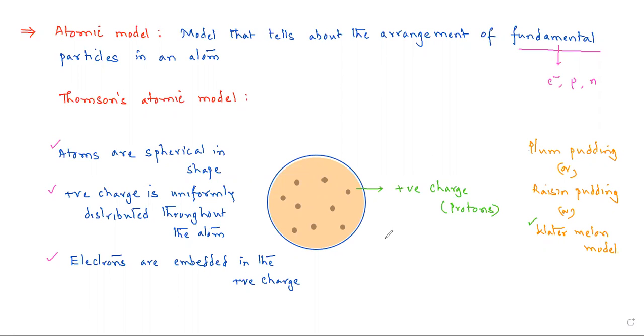So you can visualize it as a watermelon in which the red material is the thoroughly distributed positive charge in which the electrons are embedded. It is in fact like a watermelon, right?